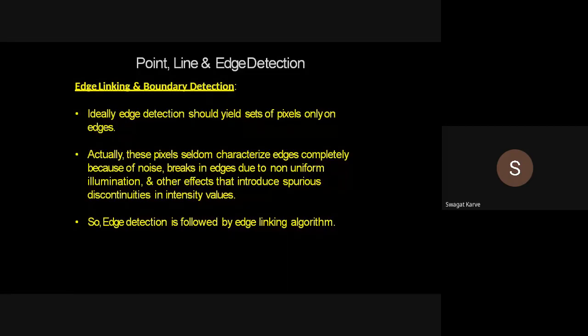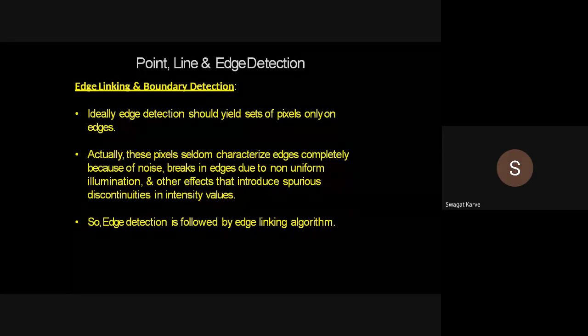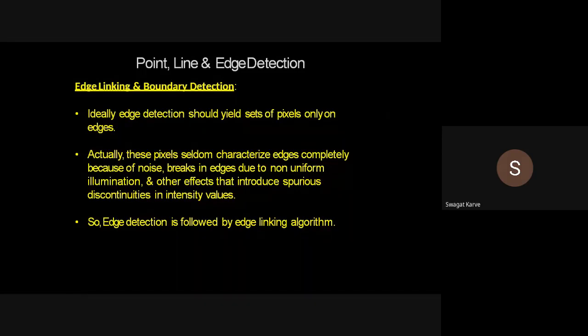So the length of the ramp, how can you determine it? The thickness of the edge is the length of the ramp, and the length is also determined by the slope, and the shape is determined by the degree of blurring.